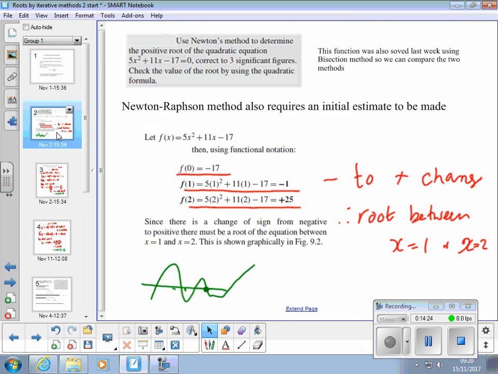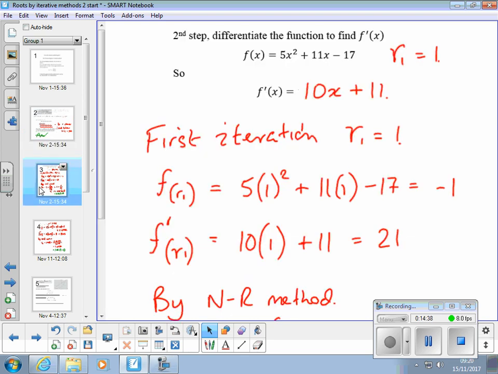But as we've seen as we've gone through here, the process is similar. We use the change from negative to positive on the function as one way to come up with an initial guess. We then have to find the first differential of the function. Set our little r1 to our initial guess.